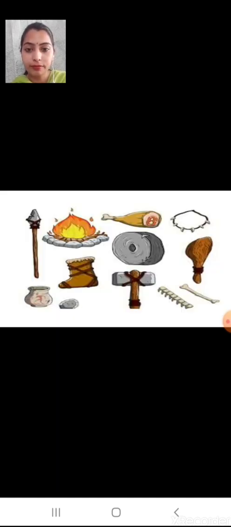Before starting, you have to write down the chapter number and the name of the chapter. So today, write down today's date, subject EVS, chapter number 2, rocks and minerals.